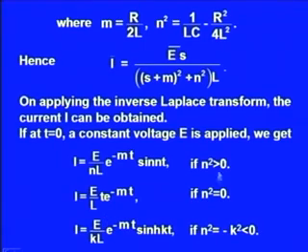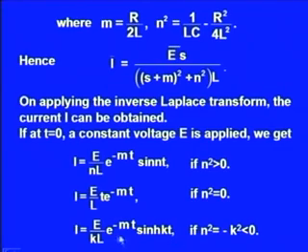And if it so happens that r, l and c have values such that 1 by L c becomes less than r square by 4 l square, then the n square which is occurring here will be replaced by minus k square, and we will then have I bar equal to E bar s over s plus m whole square minus k square into L. Then when we take the inverse Laplace transform, we shall get I equal to E upon k l into e to the power minus m t into sin hyperbolic k t, because we know that the Laplace transform of sin hyperbolic k t is k over s square minus k square.